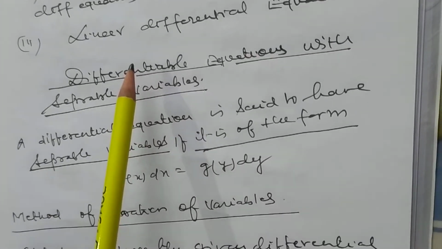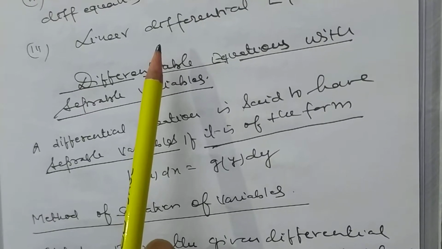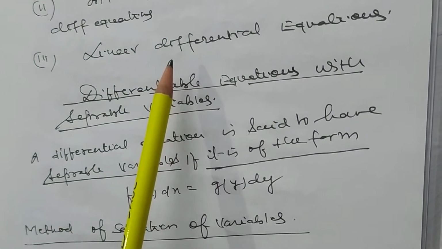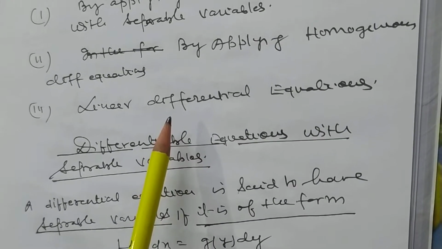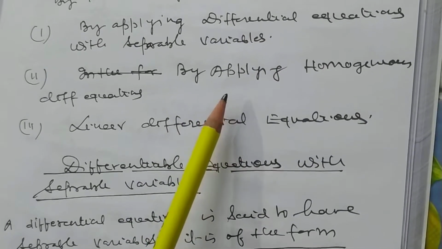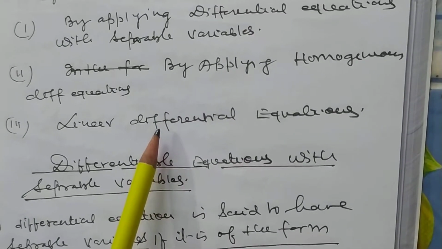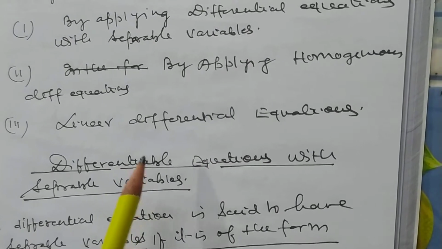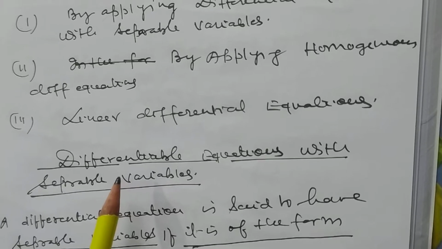In this way, by separating variables and writing each with its differential coefficient, and by applying the homogeneous form and the linear form of differential equation of first order, we will solve the problem of differential equations.